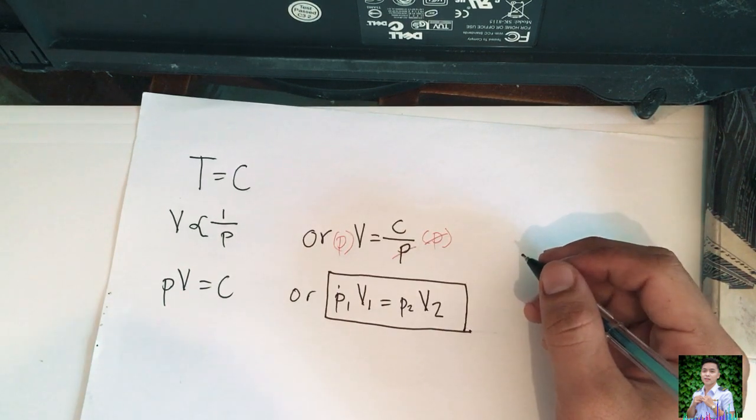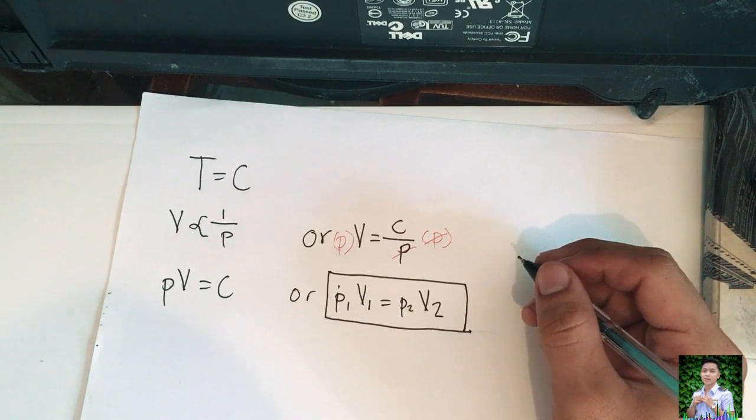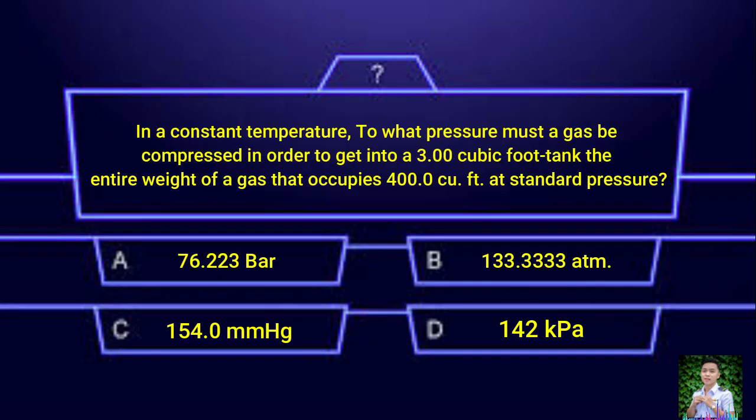So, an example problem. And the problem goes like this. At a constant temperature, to what pressure must a gas be compressed in order to get into a 3 cubic foot tank the entire weight of a gas that occupies 400 cubic feet at standard pressure? So first, let us put all the given data.